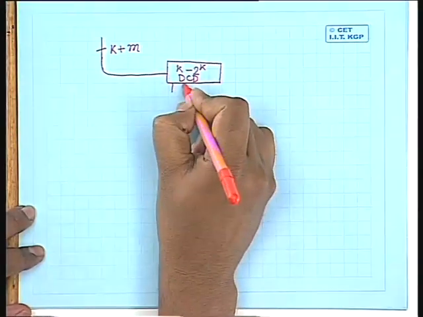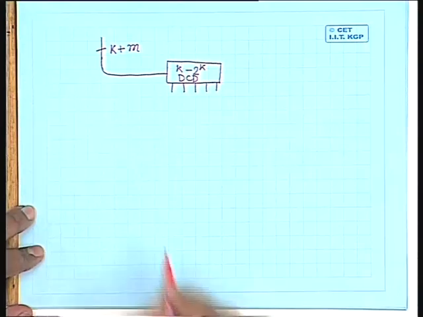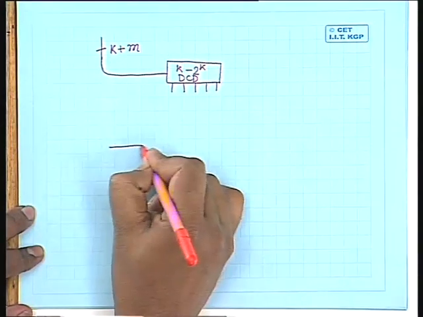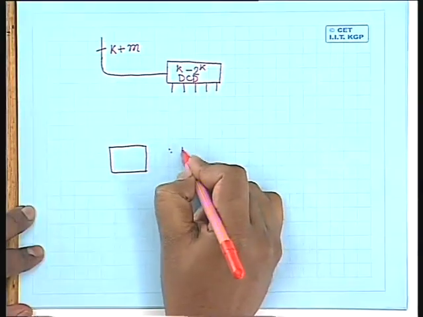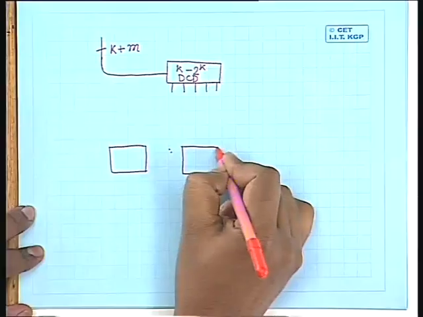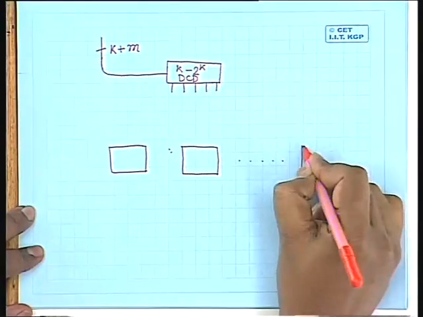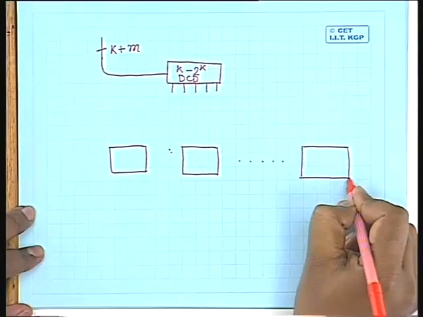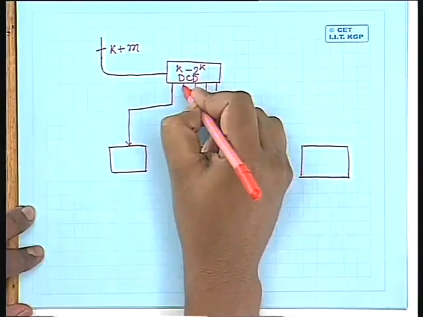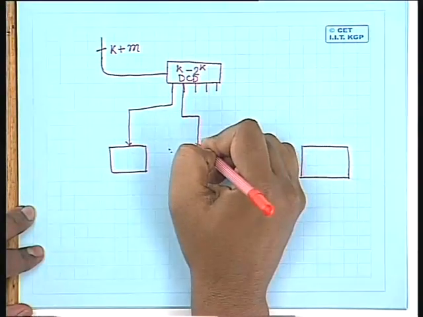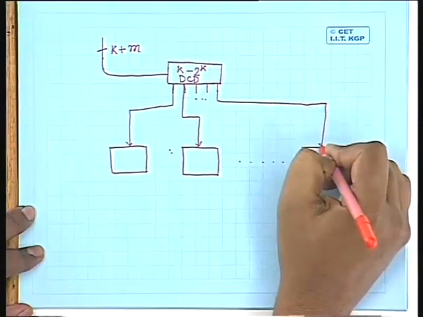So I'll have 2 to the power k number of output lines from this decoder. I connect 2 to the power k number of chips in such a way that chip select of every chip will come from one of the decoder outputs. So maybe chip select of this chip is coming from this decoder output, chip select of this chip will come from this decoder output. So similarly, chip select of this chip will come from this decoder output.